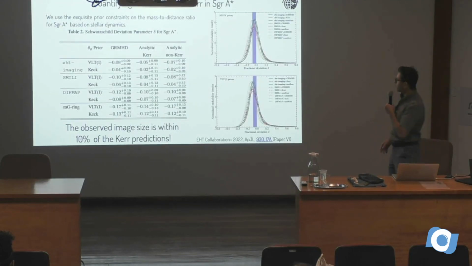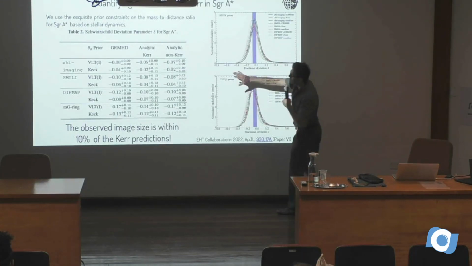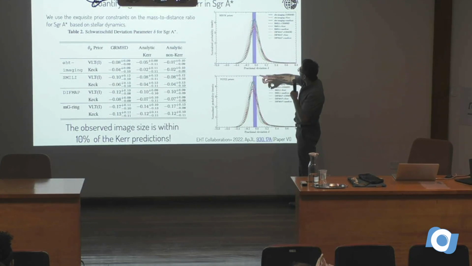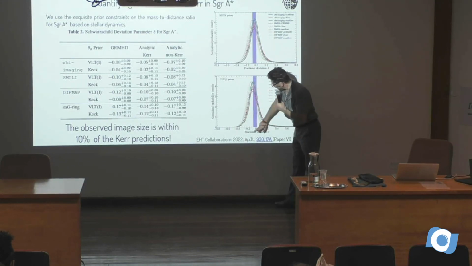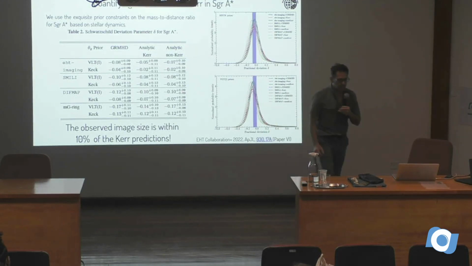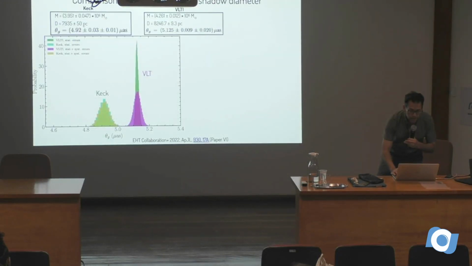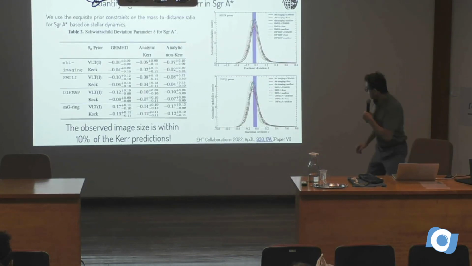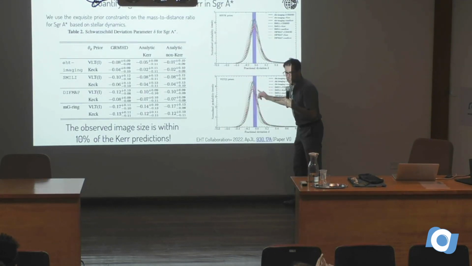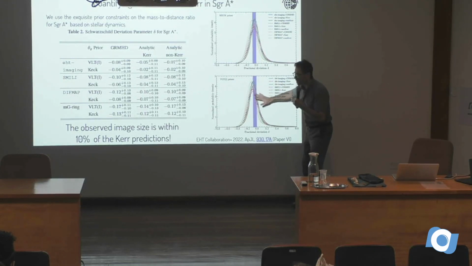And these are our results. So forget about the table. These curves here are showing you this delta parameter from this comparison here, and for this comparison here. And there are many curves because we are comparing different imaging algorithms and also different ways to measure the shadow from the image. Okay, there are details that I want to skip.